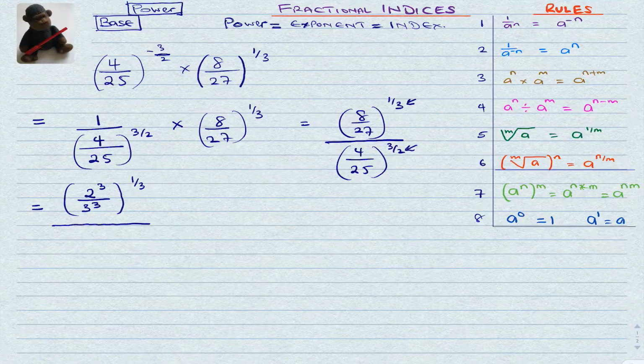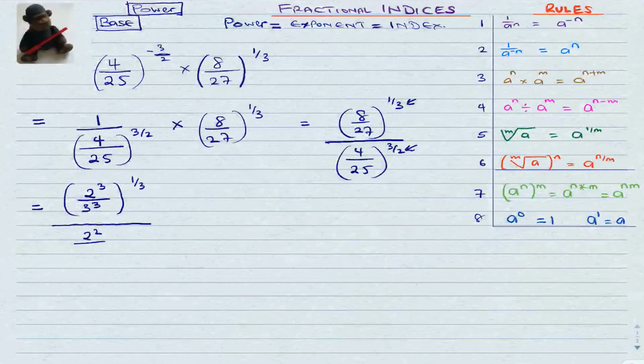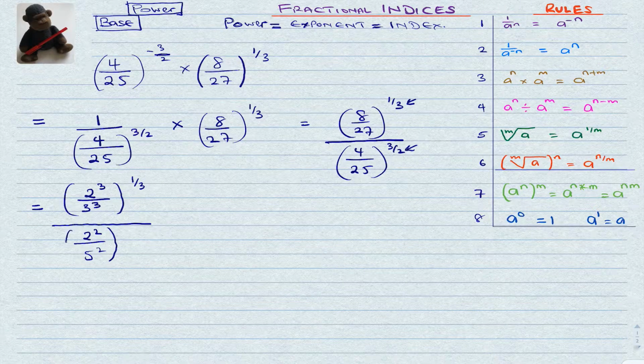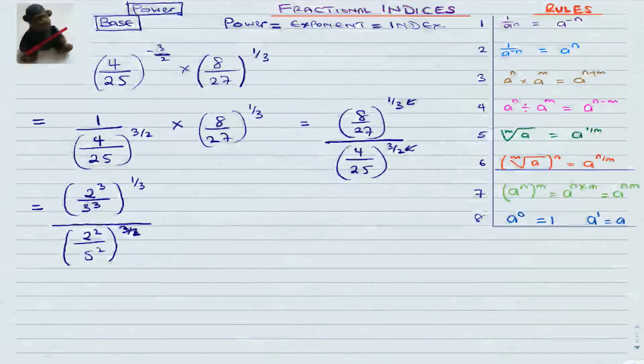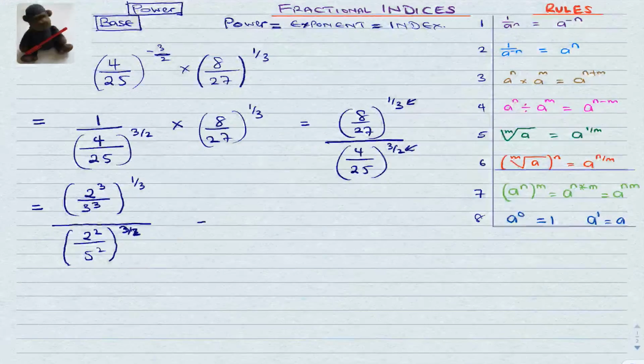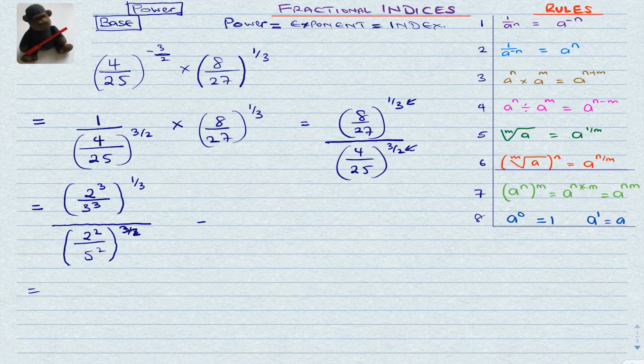I'm dividing that by 2 to the power of 2 over 5 to the power of 2, and the bracket is to the power 3 over 2. So, in this case, what we now need to do is take the power 3 in the bracket out.